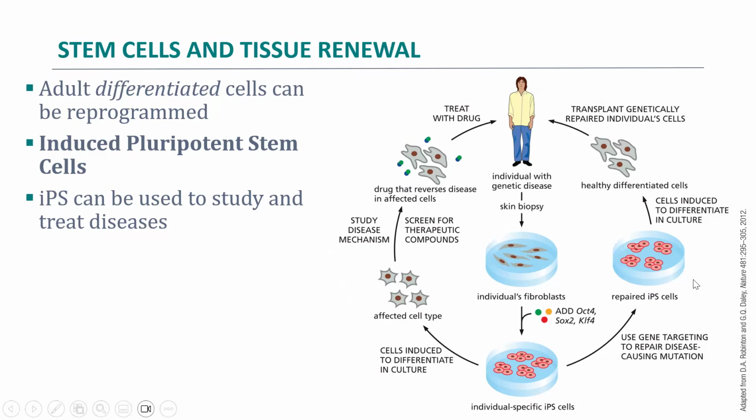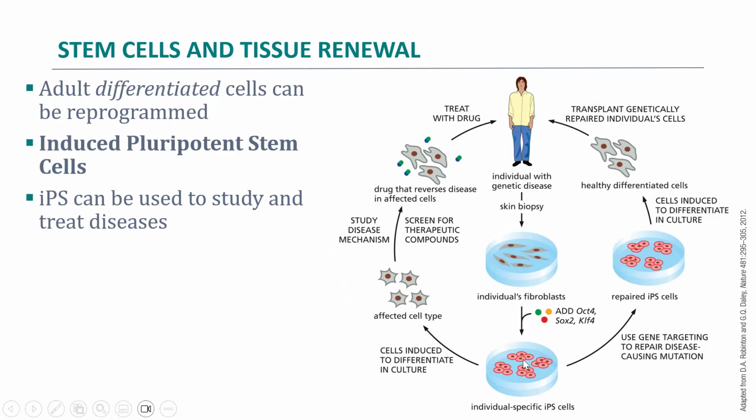So again, I can put that into my induced pluripotent cells, and then I can give the correct cues and say, okay, I need you to actually become liver cells because that's where the disease is. Now my cells, with my new gene induction that is going to modify and target the disease, I can induce those cells to become liver cells, and now I can take and put those healthy new liver repaired cells back into the human.